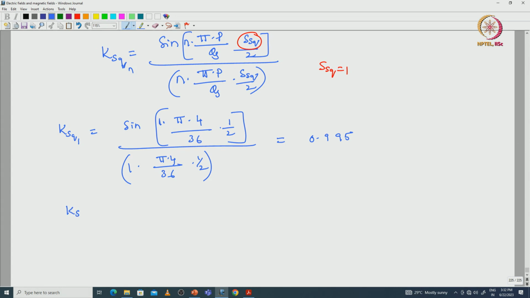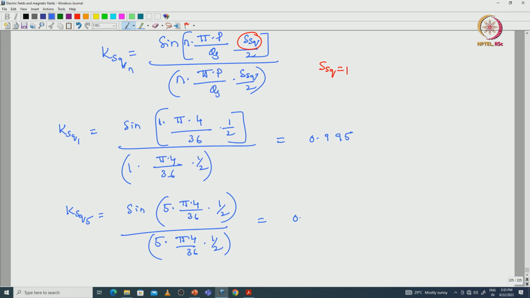For the fifth harmonic, the same thing, we have to substitute n equals 5: sine of 5 into pi into 4 divided by 36 into 1 by 2, divided by 5 into pi into 4 divided by 36 into 1 by 2. Just n alpha by 2 I am substituting here, then we will get 0.878 for the fifth harmonic.